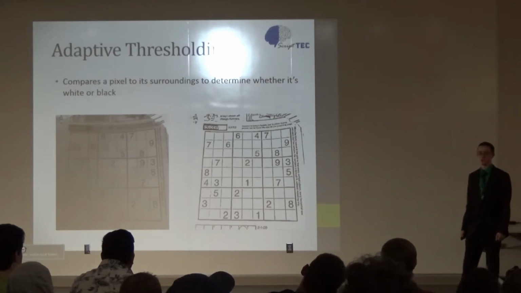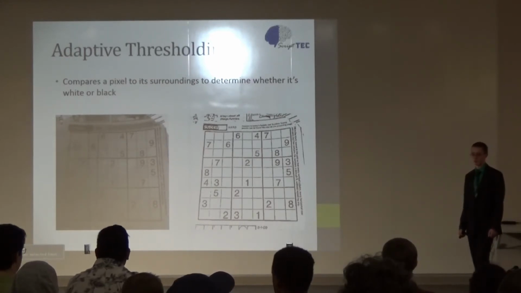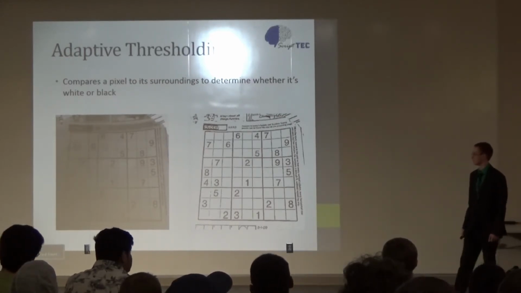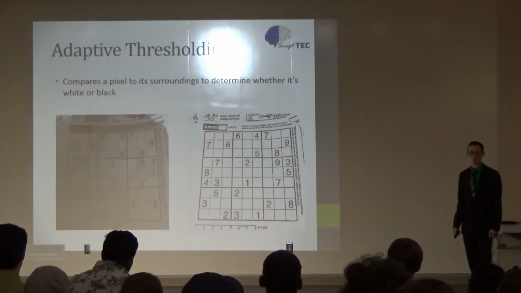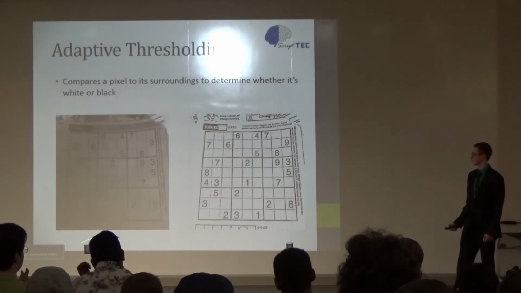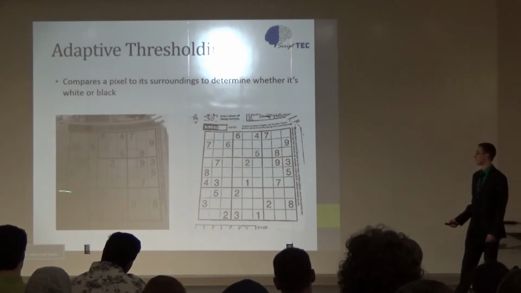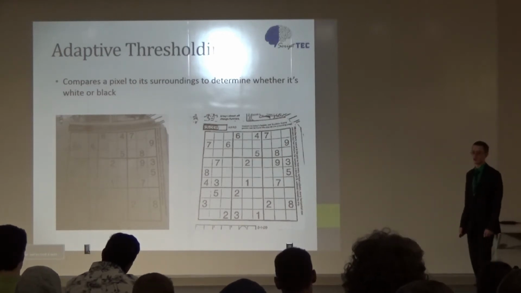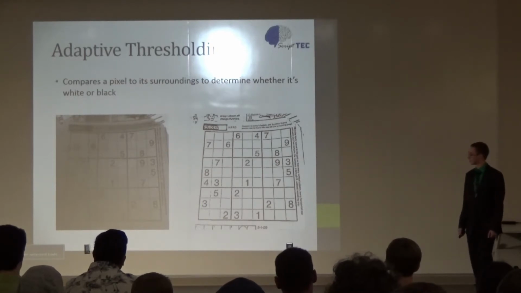This means that shadows are not nearly as problematic with adaptive thresholding as with binary thresholding. Because if a region of the image is shadowed, like this lower left corner, everything in that region is affected by the shadow. So the important numbers, or in this case numbers, are still darker than their surroundings, so they become black, even though they are already really dark.